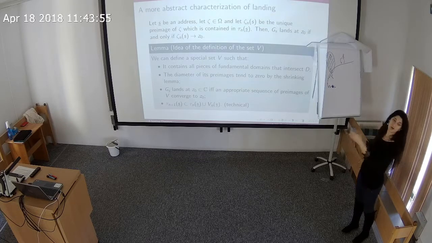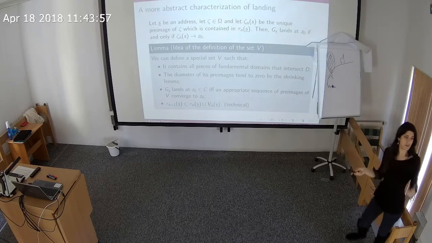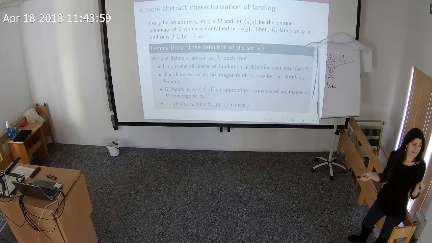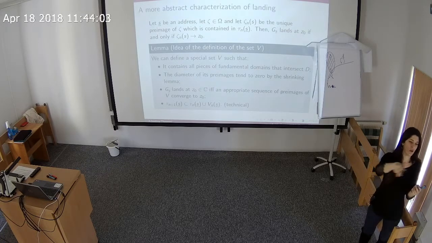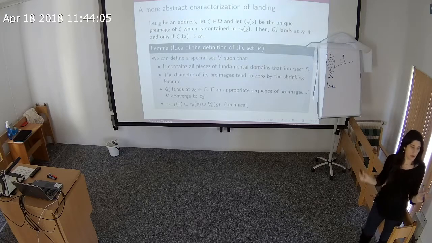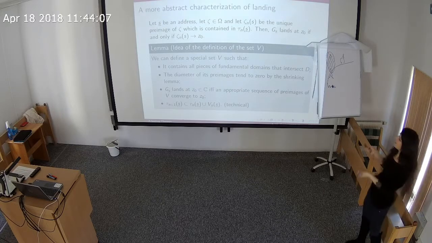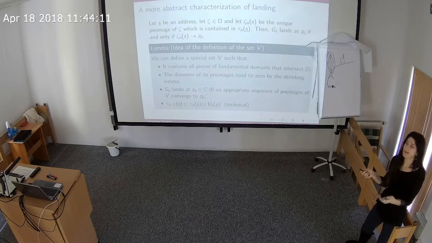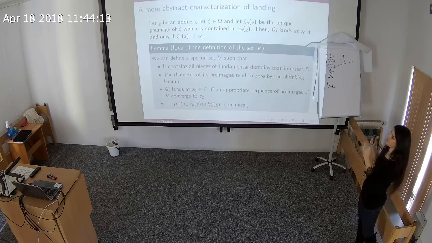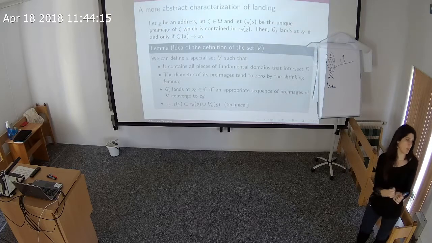You can choose your base set such that the preimages shrink to 0, and that takes care of all these bad pieces of fundamental domains which were contained inside the disk. Moral of the story: if you take a ray and you want to see if it lands, it's enough to check that the appropriate preimages of this special set V shrink to points.